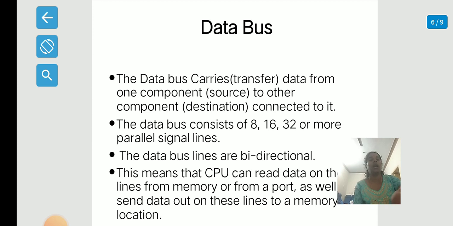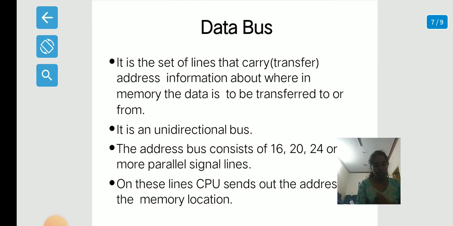Next one is the address bus. The address bus is a unidirectional bus. It sends the address information about where in memory the data is to be transferred to or from.